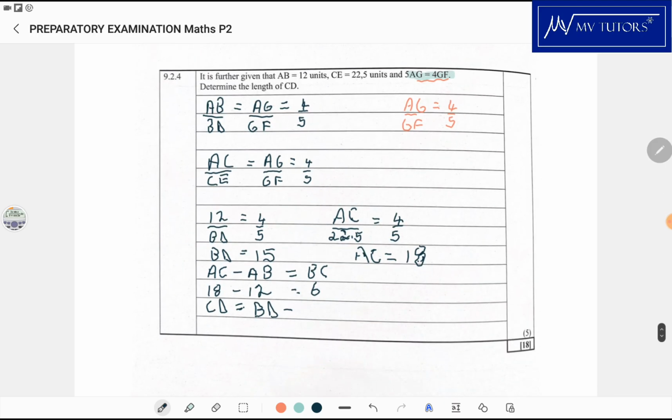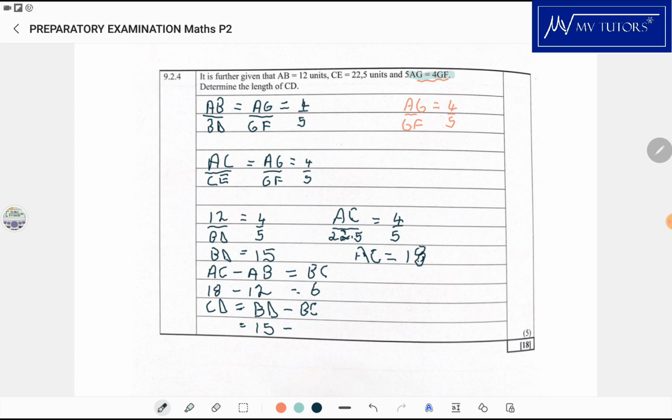So BC. Now let's put the numbers associated with it. BD, we solved it, it's 15, minus BC.